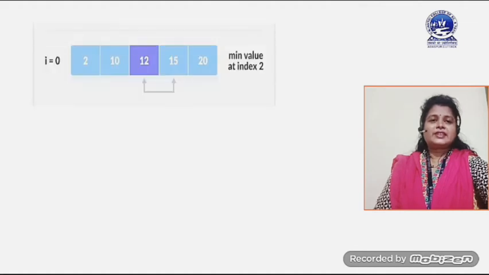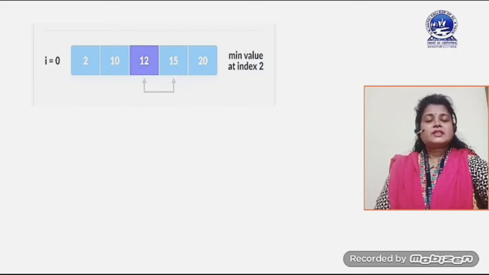Now in the next iteration, you will take the next element. Now we have got 2 and 10 at their proper positions. Then we will take 12 and check it with 15. It is not required to check 12 with 2 and 10 again, because the first one is the smallest value and the second one is the second smallest value.